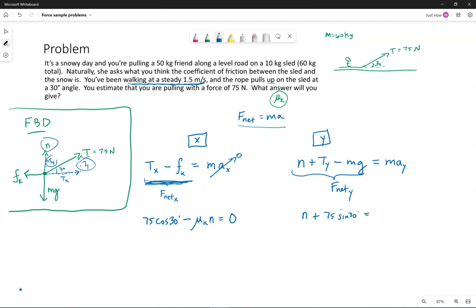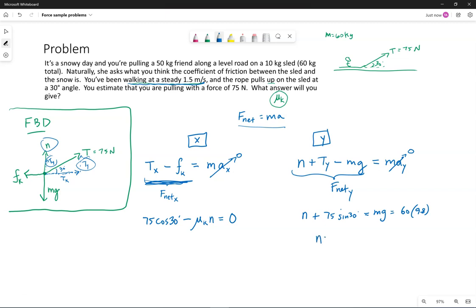I'm going to go ahead and bring mg to the other side, which actually we know the mass is 60 and g is 9.8. Acceleration in the y direction is 0 as well. If it wasn't, the friend on the sled would start shooting up into the air or sinking down into the ground. I know if I'm walking across a field pulling someone on a sled, that's not going to happen.